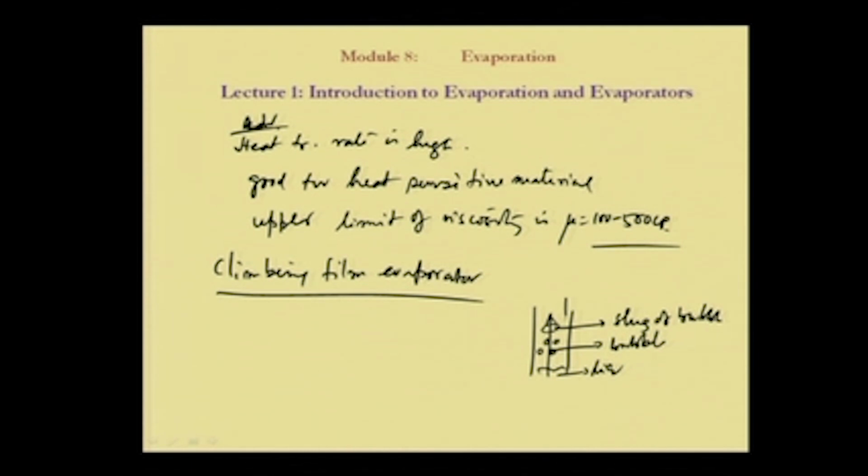Then this is the vapor zone, and this is the liquid film. The vapor will take along the liquid, so the liquid will climb upward. That is why it is called climbing film.